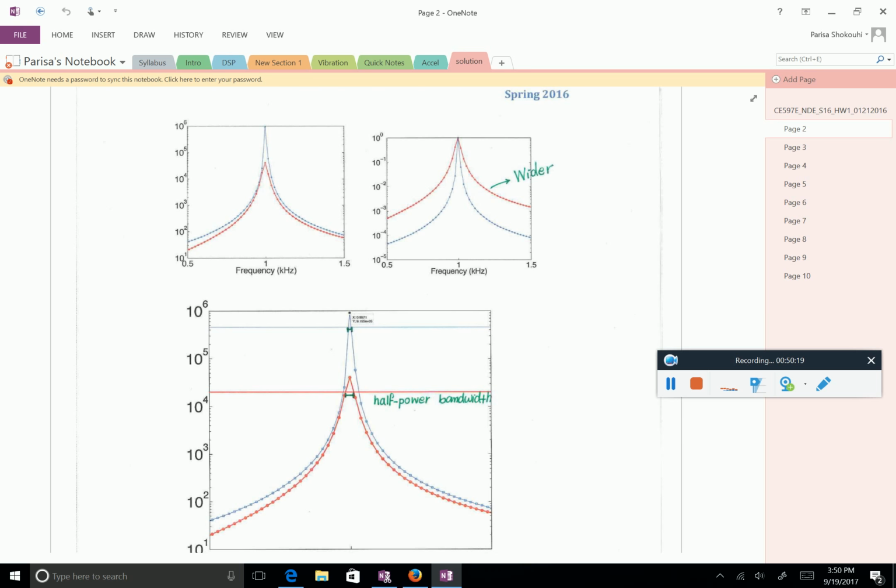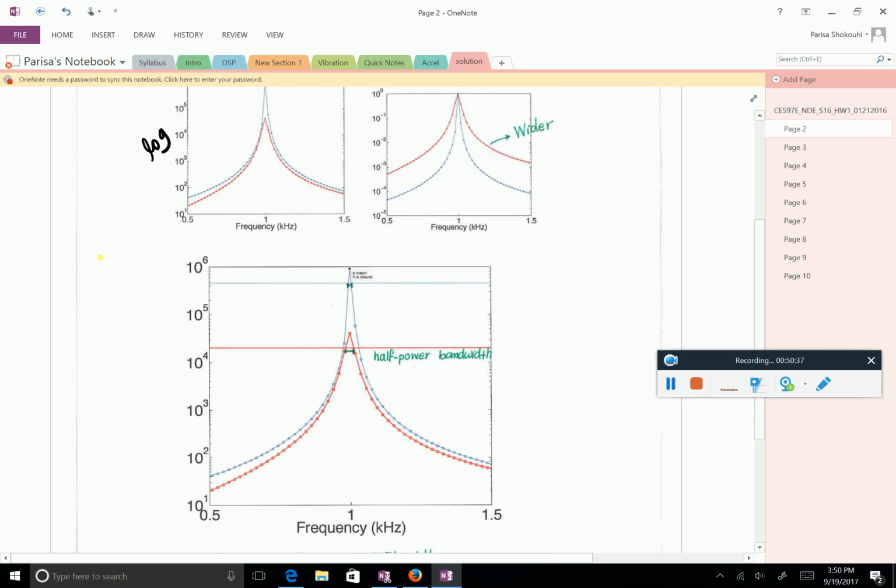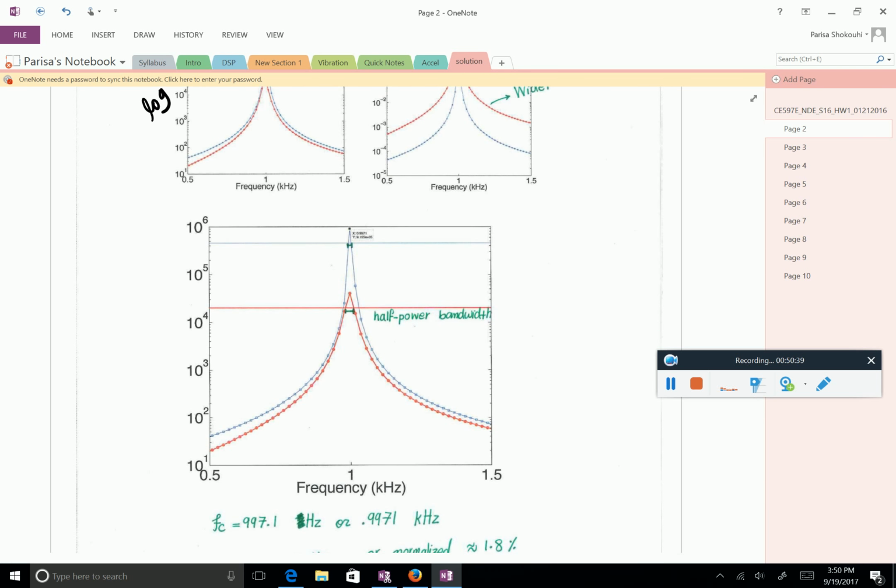So one thing that I want everyone to note is that power spectra and spectra you normally plot in a log scale, so to be able to see everything, you can plot this in log scale. And half power bandwidth is not an amplitude, it's a bandwidth that is in frequency.